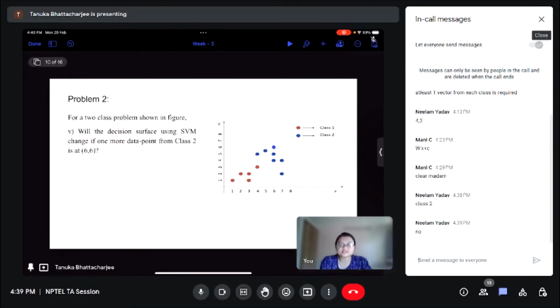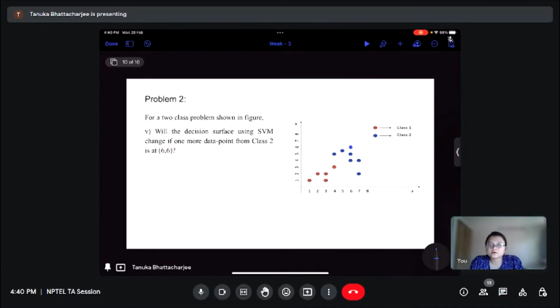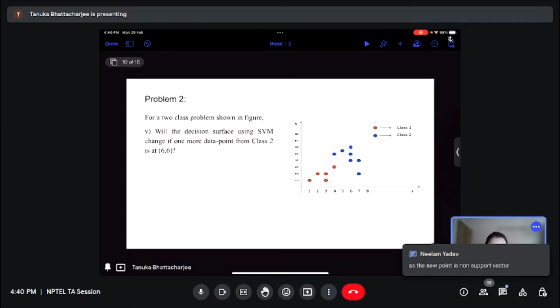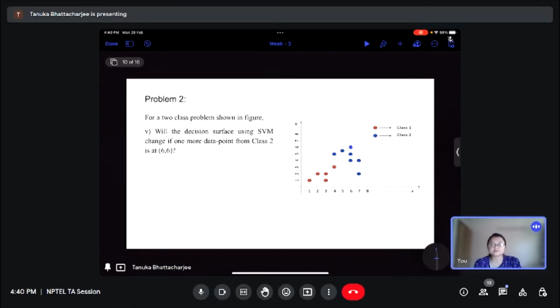Okay, what is the reason you are saying? It is coming in class 2. Yeah, that's given to you. Okay, it's from class 2. Neelam, your reason is correct, as the new point is not a support vector.